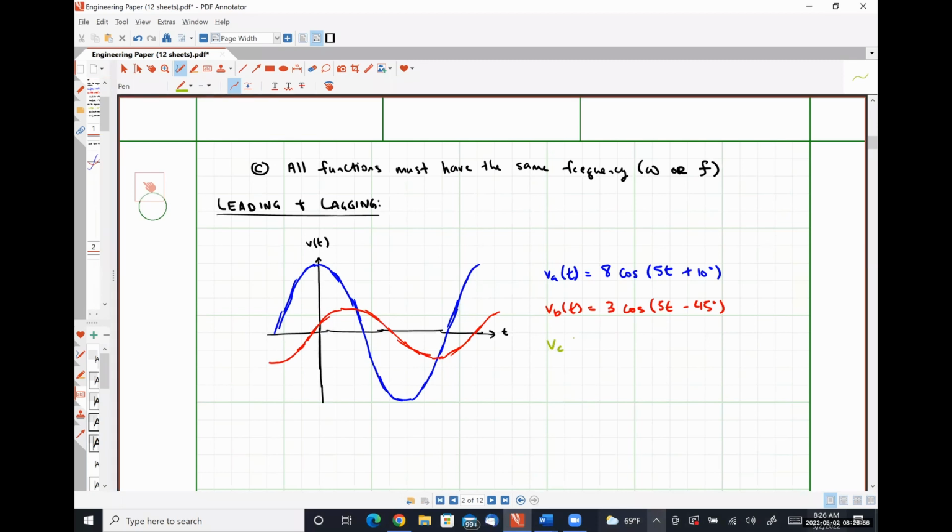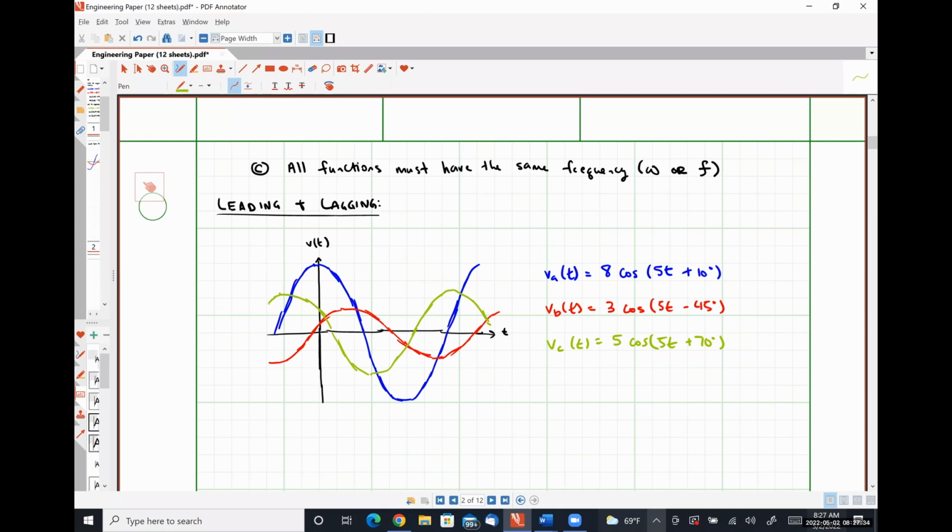And so we're going to have VC of t is equal to 5 cosine 5t plus 70 degrees, which should look something like this.